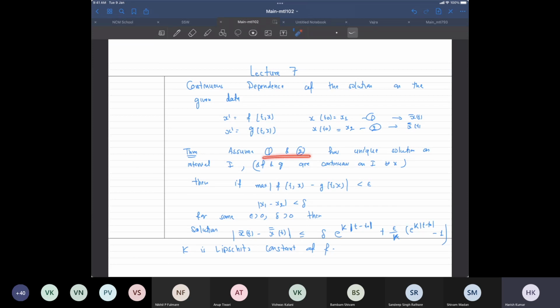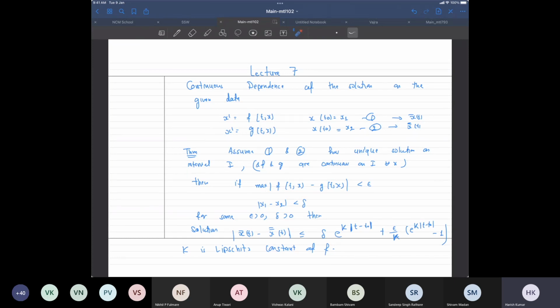So we assume that 1 and 2 have a unique solution on interval I. So that means appropriate conditions on f and g. We can actually reformulate it by saying that f is Lipschitz continuous and the distance between f and g is less than epsilon.